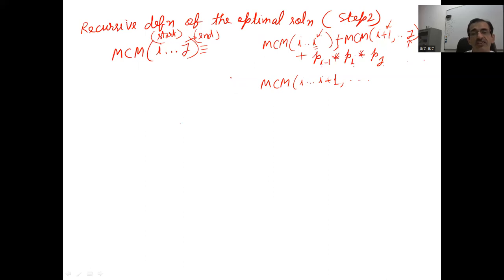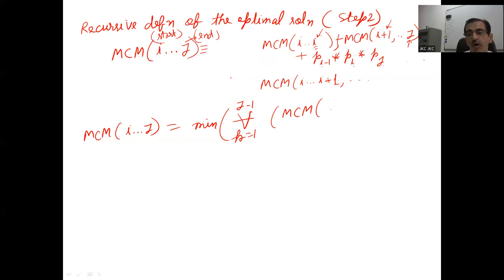Let's write it in general: the minimum out of, for all k from i to j minus 1, because the last value is j, MCM of i to k, plus MCM of k plus 1 to j, plus P(i minus 1) into Pk into Pj.